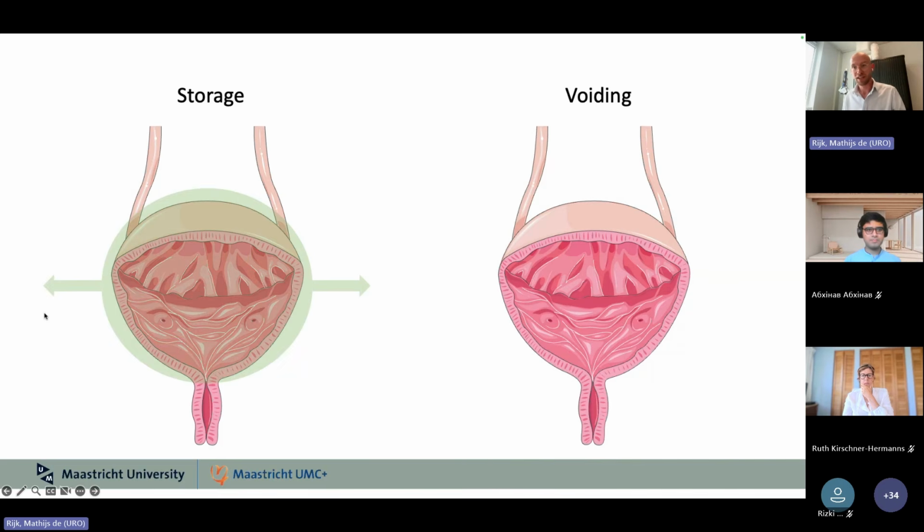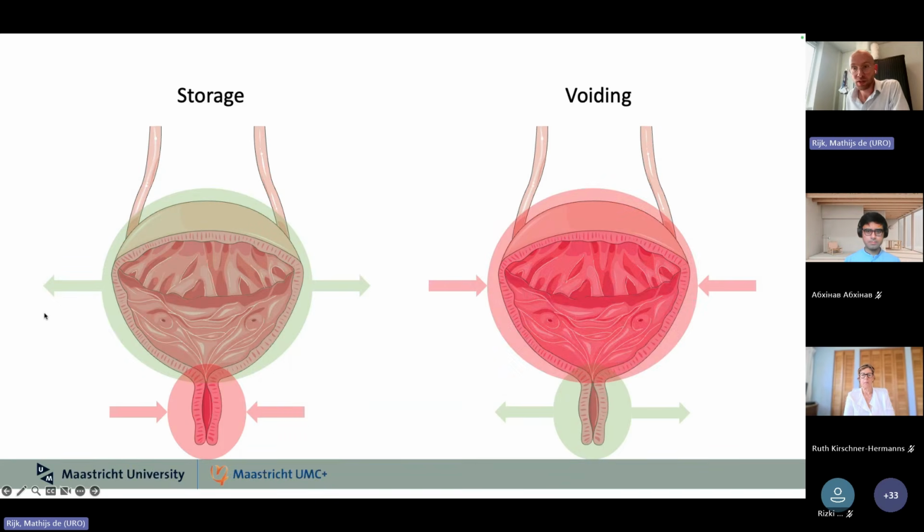So during storage, the bladder needs to be relaxed and form a reservoir for the urine. And the outlet region needs to be closed to prevent involuntary leakage of urine. And during voiding, those functions are switched. So the outlet region is relaxed, opens, and the bladder contracts to expel all the urine from the bladder.